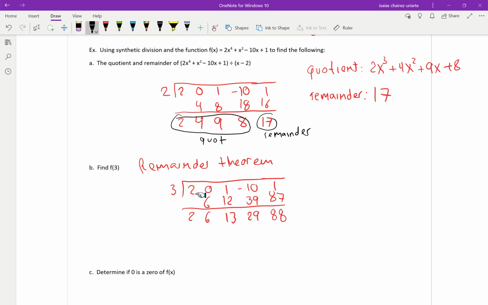So then that means that f of 3 is equal to 88.